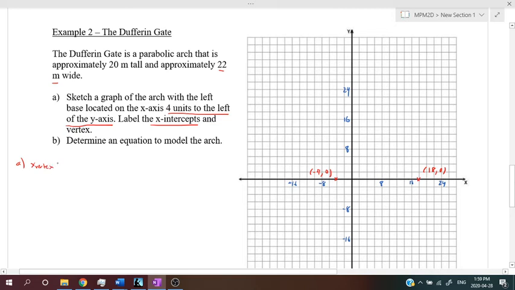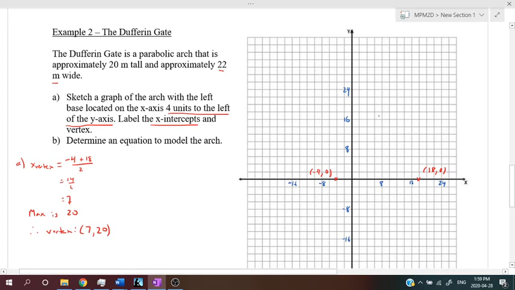Well, what's the x of the vertex? So I need to average the two x-intercepts. And it's 7. Okay, so the x of the vertex is going to be 7. We know the y of the vertex is 20. Therefore, our vertex is 7, 20.